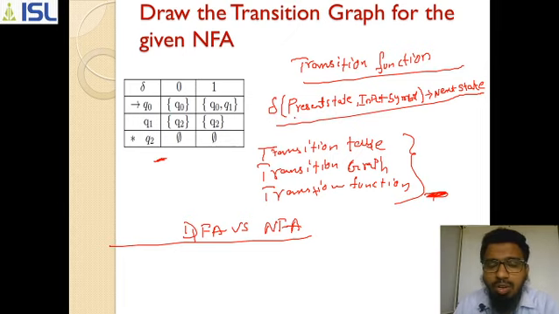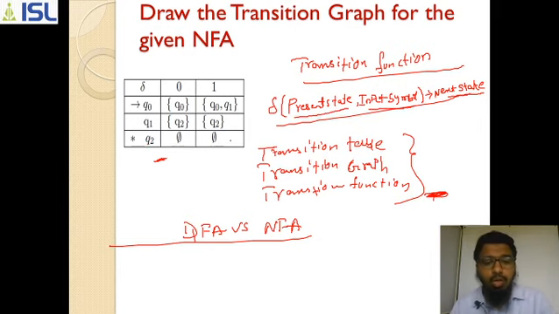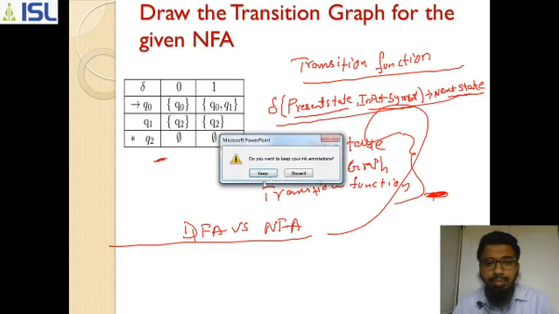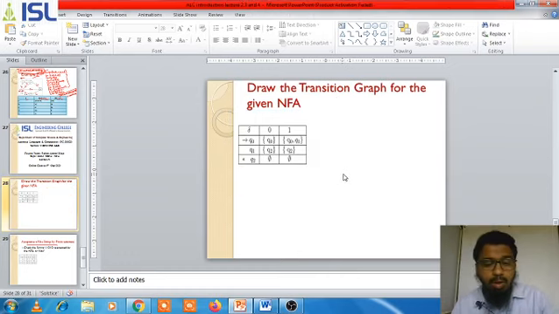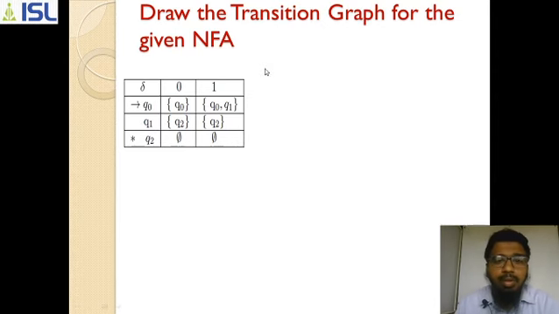What is the formula for the function? Present state, input symbol gives the next state. So let me delete all these things.